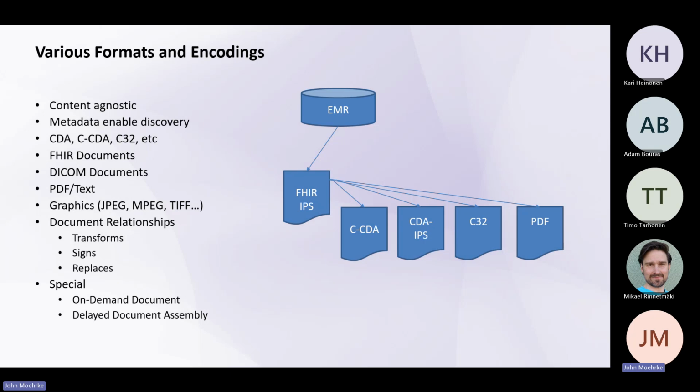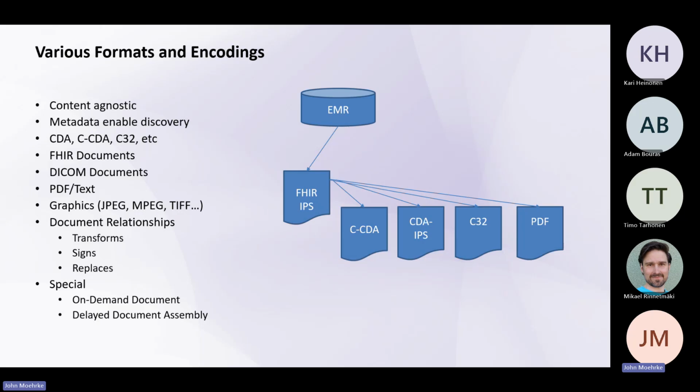In this way, if somebody finds a document entry but doesn't know how to consume a FHIR IPS, but does know how to consume a CDA, they can bridge there to get to the CDA version or the PDF version. So these relationships are in there as well.